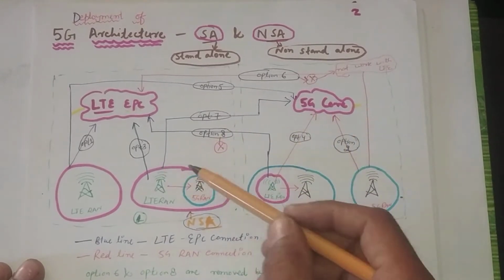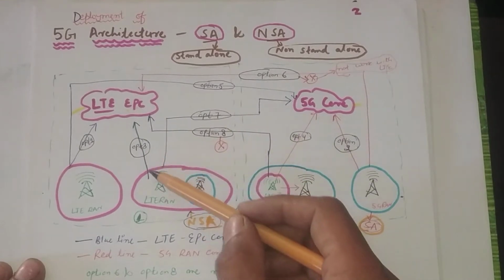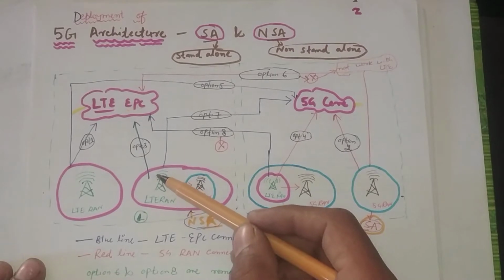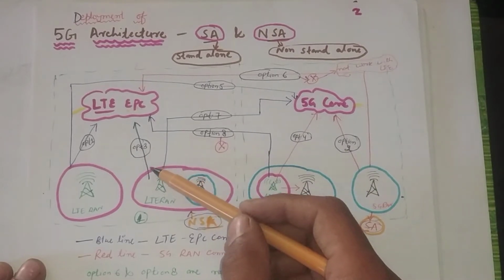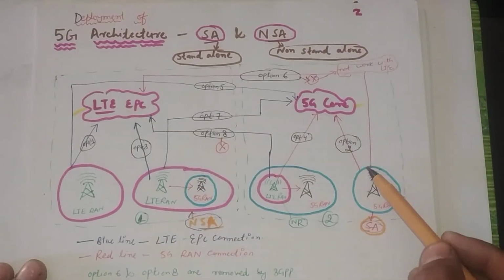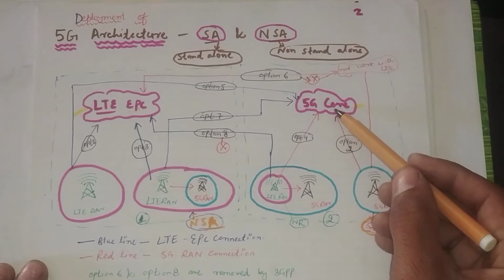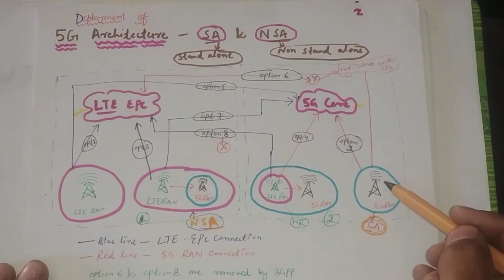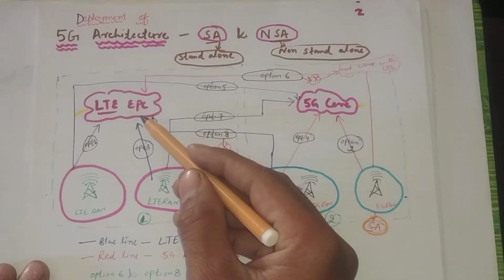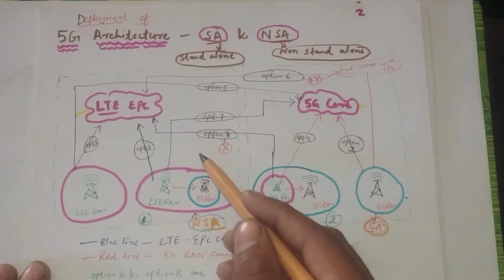And also for the second, here is option 3. This is the 4G base station, and via option 3 it is connected with the 4G data network here. And option 2 here, that is the 5G base station connected with the 5G core network, and also the 5G base station is connected with the 4G base station via option 6 interface.